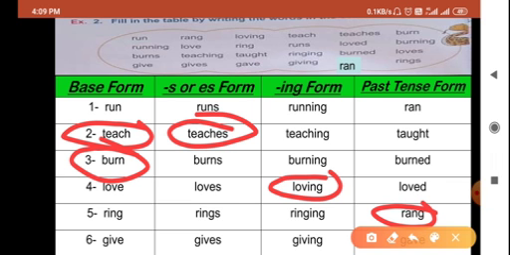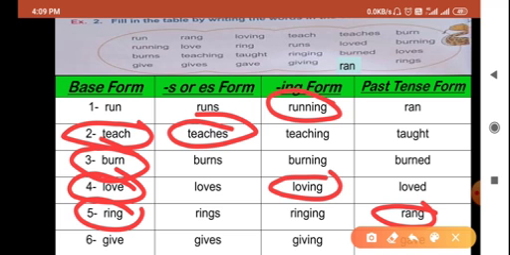After that, running, the ing form of run. Love, the base form. Ring. Ring is the base form. Earlier we mentioned rang, and now the base form of rang, ring.